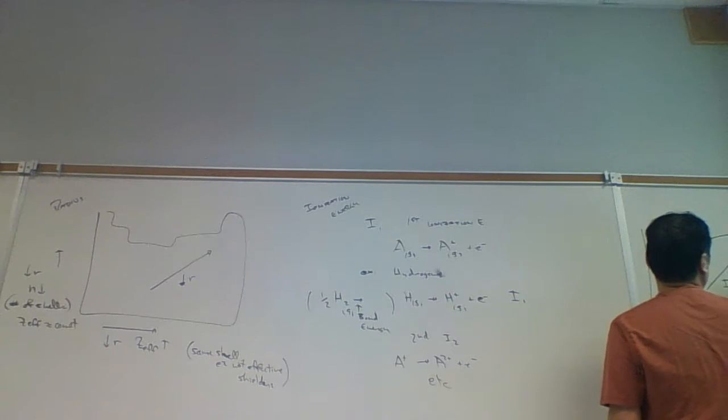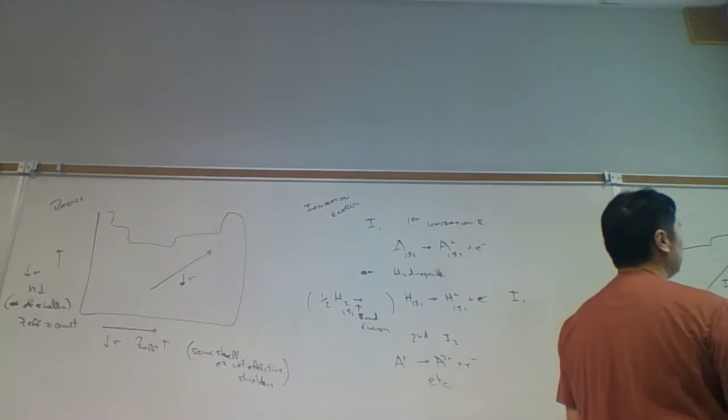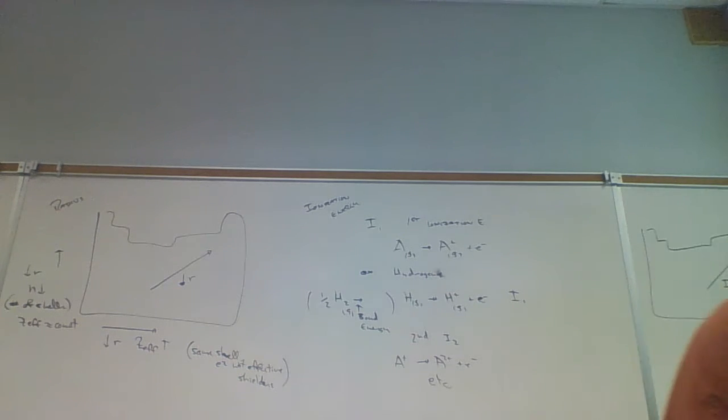because I2, etc., is more tricky. So I1 increases as we go up and right. And so which species should have the highest ionization energy? Well, it should be the smallest atom. What's the smallest atom? Helium. And so helium has the highest ionization energy.